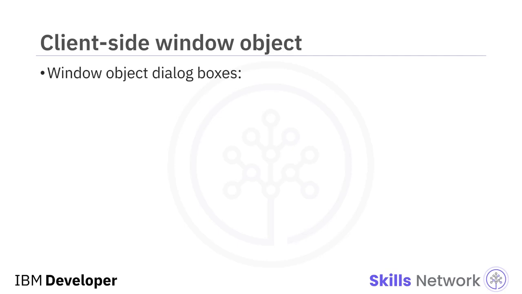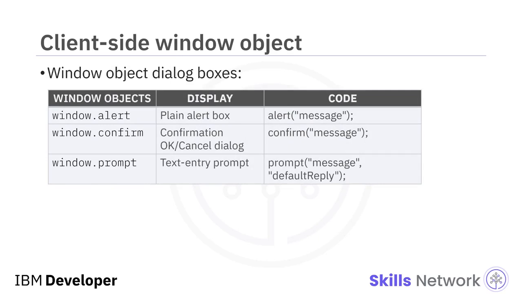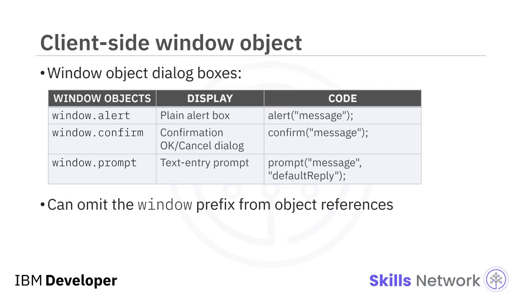A number of predefined methods exist for the window object. The window.alert, window.confirm, and window.prompt dialogues that are used in web pages come from the global window object. You can leave out the window prefix for methods in the DOM API, so the window.alert method can be coded more simply as alert with a message argument.